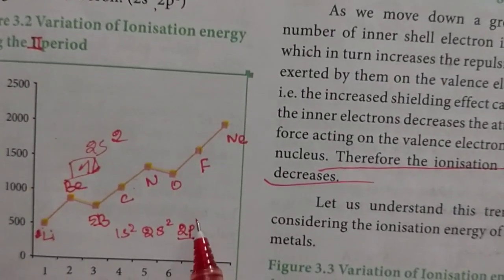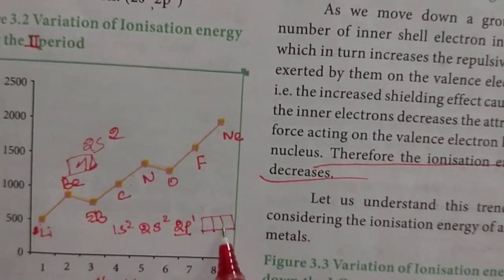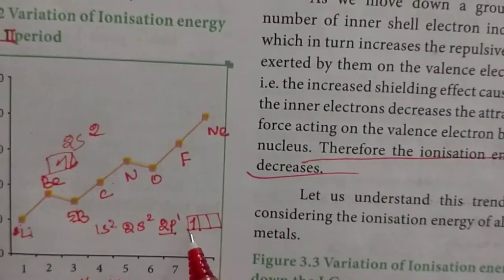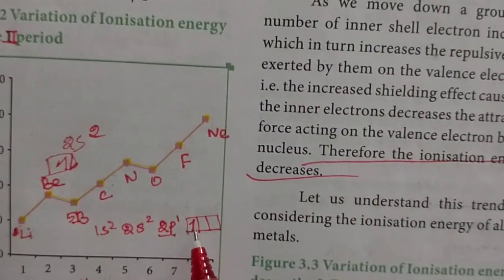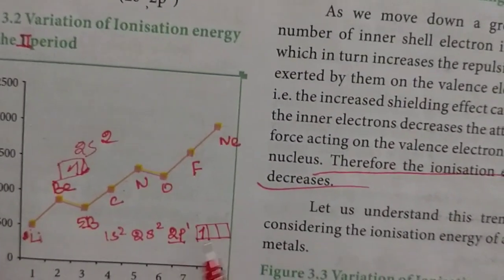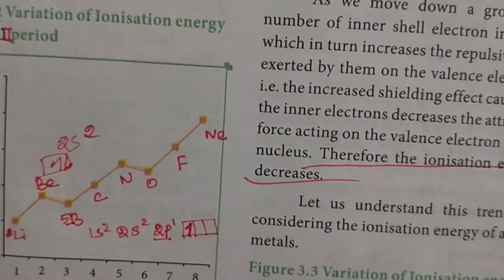The valence electron is 2p1, only 1 electron. In the p orbital we have only 1 electron. Is it symmetrical, or is it half filled or fully filled? No. So we have only 1 electron in the 2p orbital. So what does it explain? This electron is a loosely bound electron.